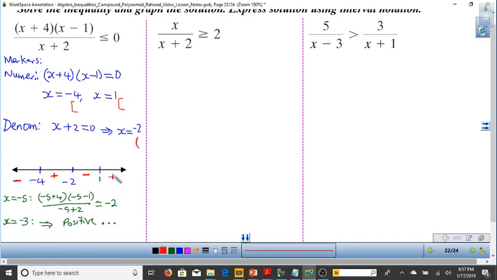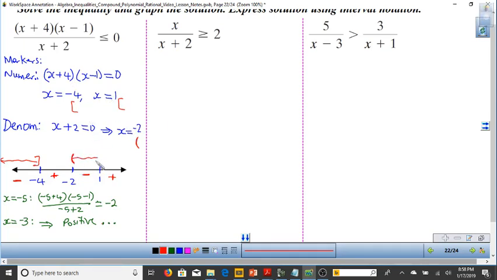So now we have all our regions. Since this says less than or equal to 0, we're going to shade the regions that are negative: to the left of negative 4, and between negative 2 and 1. Negative 4 has a bracket, so we'll put a bracket there. Negative 2 has parentheses, so we'll put parentheses there.